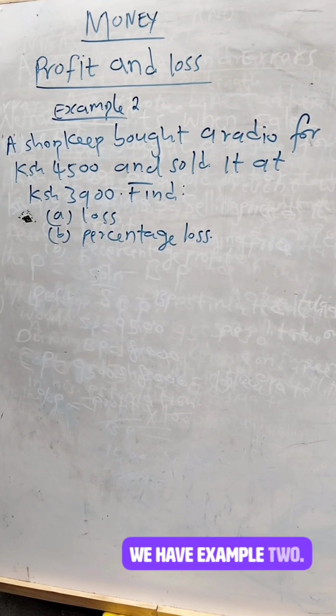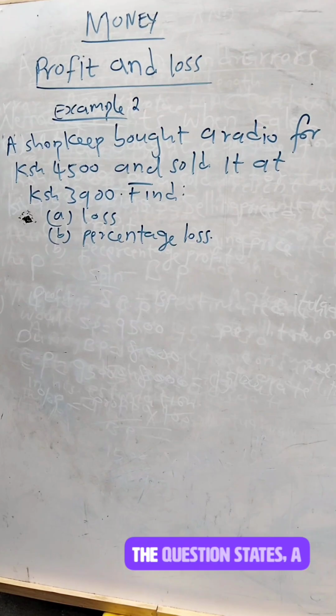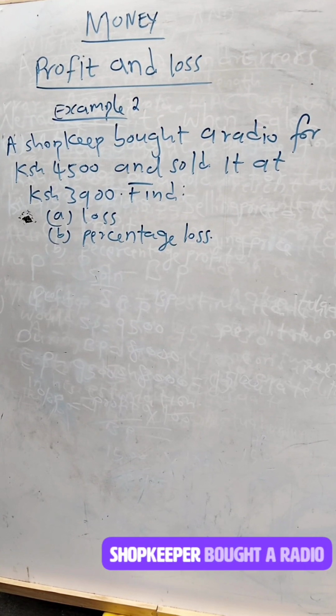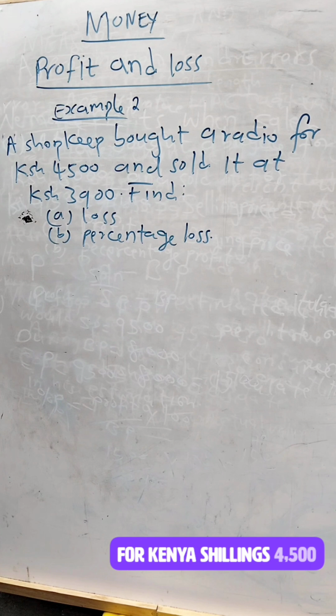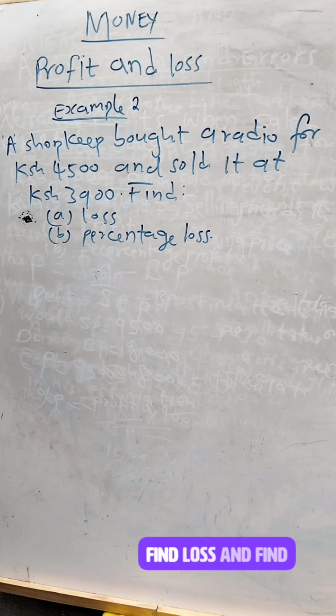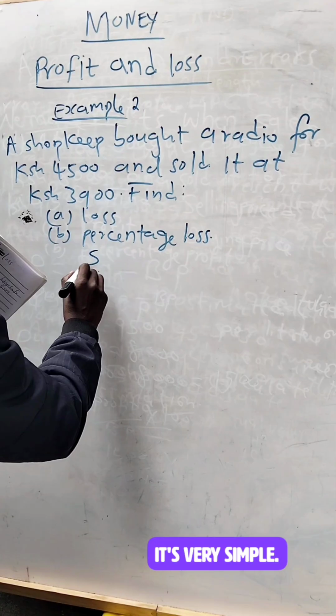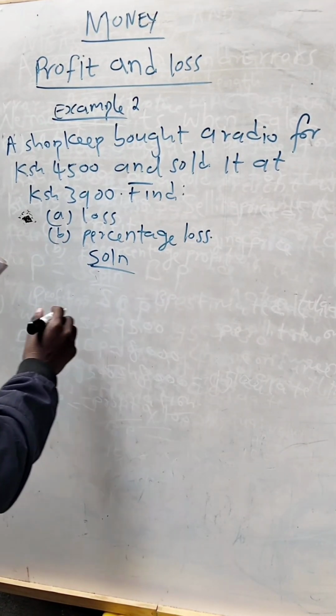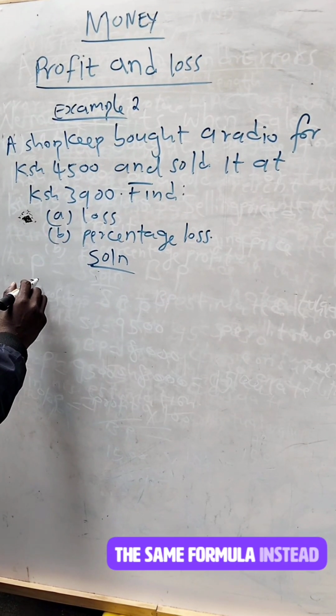We have example 2. The question states a shopkeeper bought a radio for Kenya shillings 4,500 and sold it at 3,900. Find loss and find percentage loss. So this is how we do it. It's very simple. The same formula.